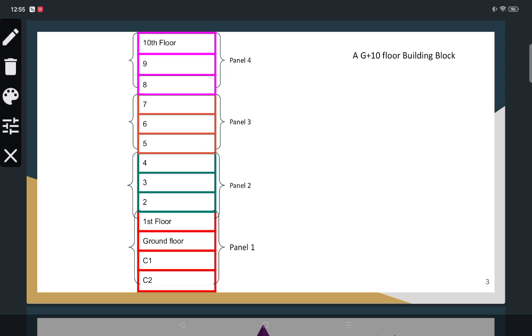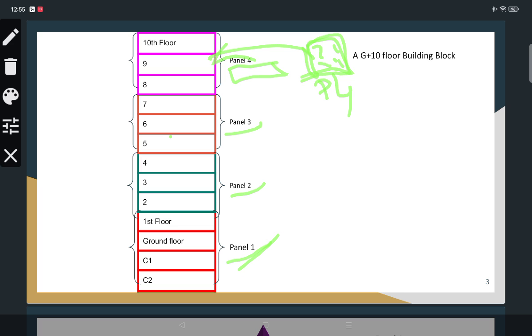Anyway, what we'll do is divide all of them into panels. Every 3 or 4 floors we will separate into a single panel. For example, for the 10th to 8th floors, we'll create a single panel and use all the MCBs for those floors only. We'll control these 3 floors from panel number 4. In the same way we will control floors 7, 6, 5 and floors 2, 3, 4 separately, and C1, C2, G and the first floor we will control in panel 1.